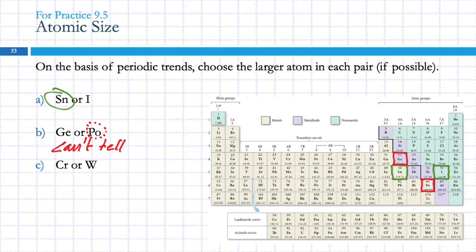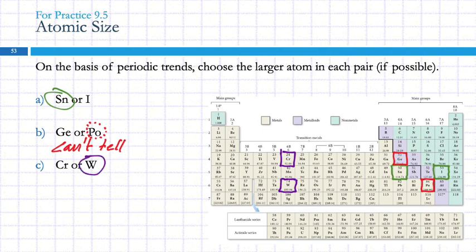Thank you. It was hiding from me. And chromium. Which one's bigger? The tungsten, the W. The W is bigger because it's lower.